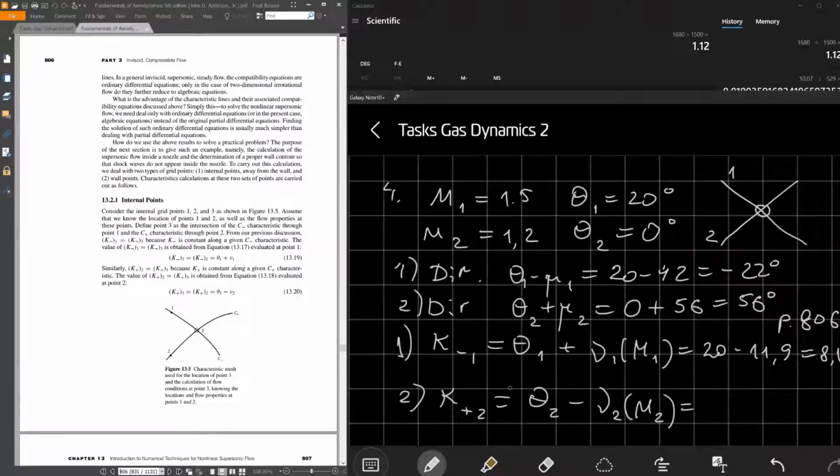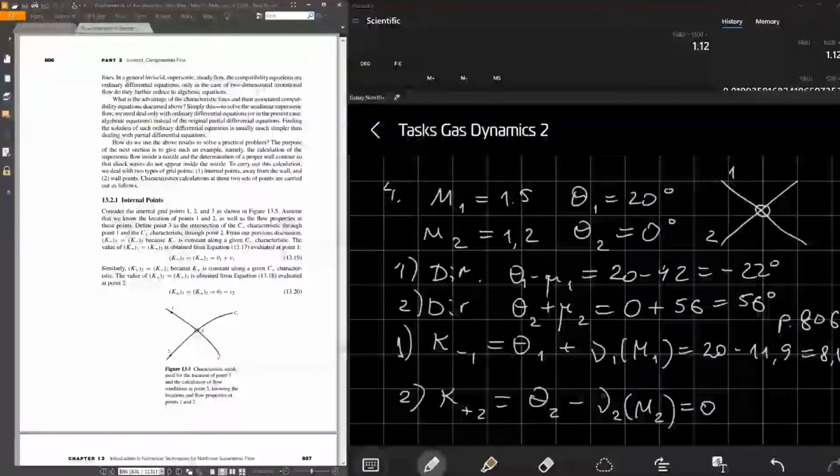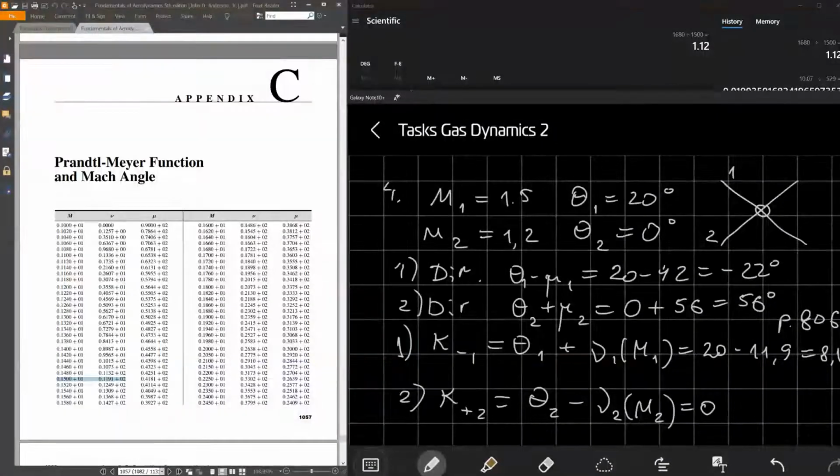Theta 2 is 0, and this value is Mach 1.2, 35.6. I did a mistake already, right? In the previous calculation, here should be not minus, here should be plus. 31.9.